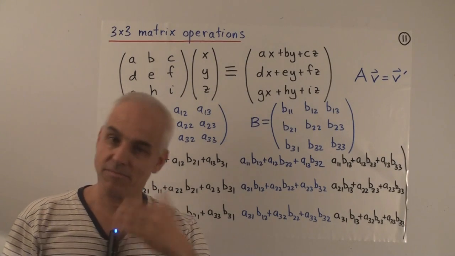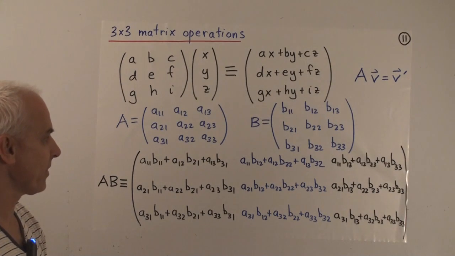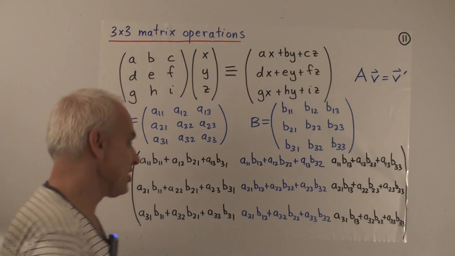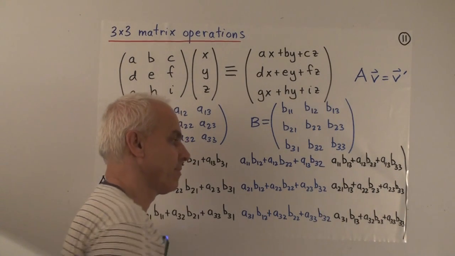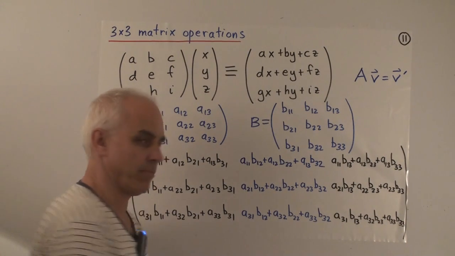Now there's another way that's also useful to think about what's happening here. Suppose we're interested in this entry, the entry in the second row and the third column.